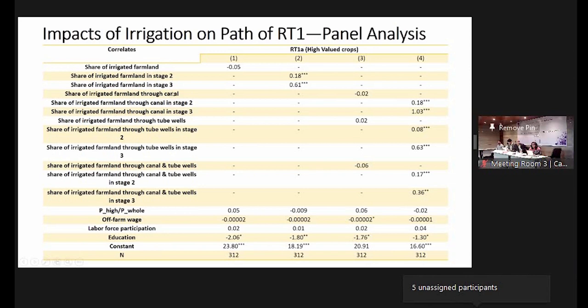Similarly, we have also disaggregated the overall irrigation facility into irrigation through canal, irrigation through tube well, and irrigation through canal and tube well both. Again, the relationship is more pronounced when we consider the stages. So we can say that at the higher stages of rural transformation, the impact of any irrigation facility is more pronounced. So irrigation really matters for rural transformation.